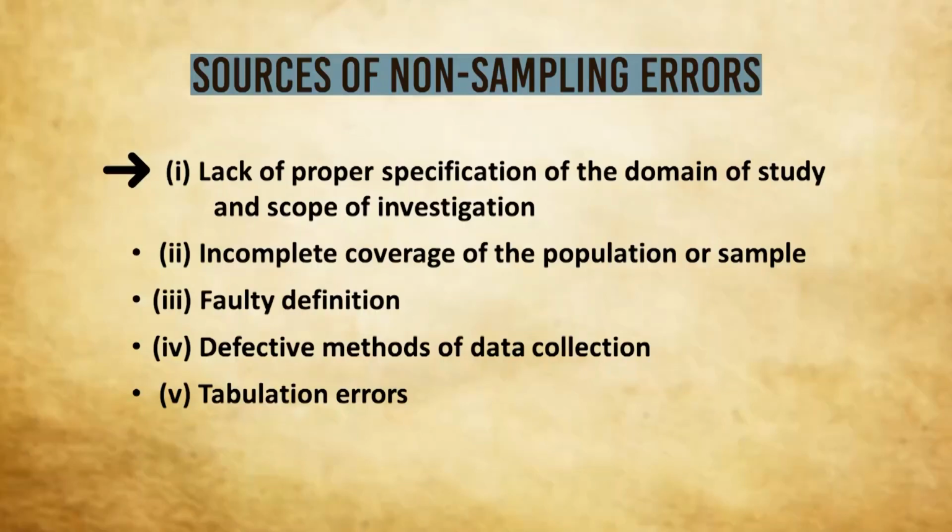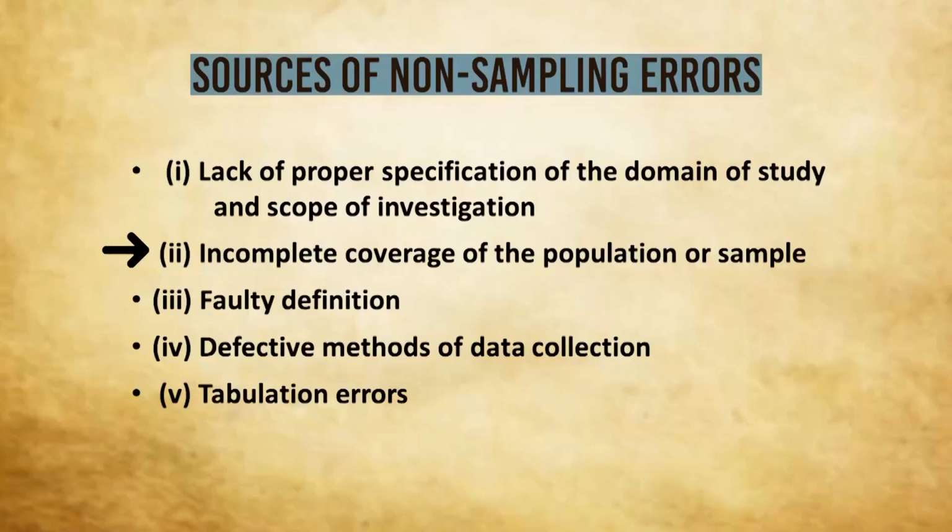So the main sources of non-sampling errors are something like this. Lack of proper specification of the domain of study. Suppose I want to conduct a study on middle class families. What do we mean by middle class families? To me, middle class families may be those whose income range is from A to B, and for somebody else it may be from A dash to B dash. So there may be lack of specification of the domain of the study. Incomplete coverage of the population or the sample.